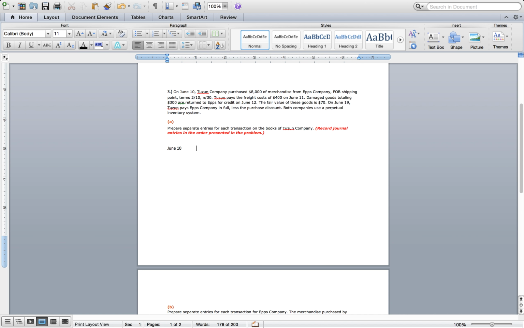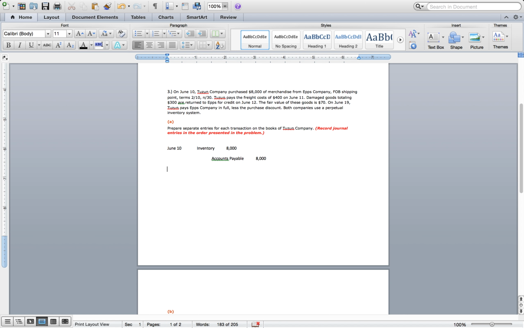So it says here you purchased $8,000 worth of inventory. So we're going to debit inventory for $8,000 because, again, inventory is an asset account and increases with a debit. And then the account you want to credit, because we bought it on credit, would be accounts payable for the same amount, $8,000.